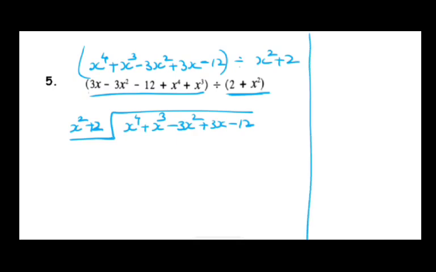My working area. Let's see. X square plus 2 into x square will give me x raised to 4 plus 2 into x square makes it 2x square.